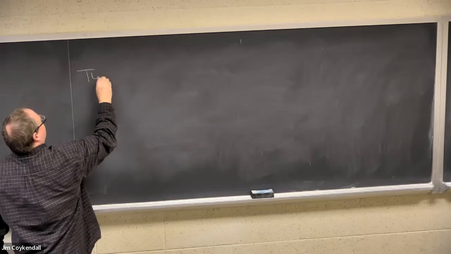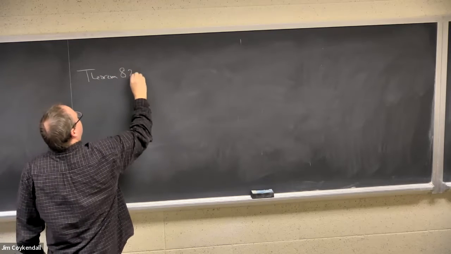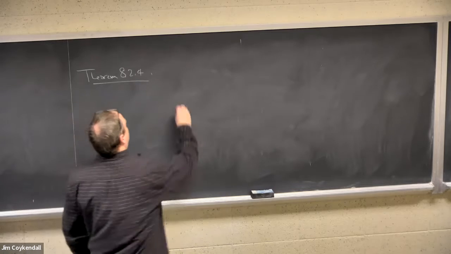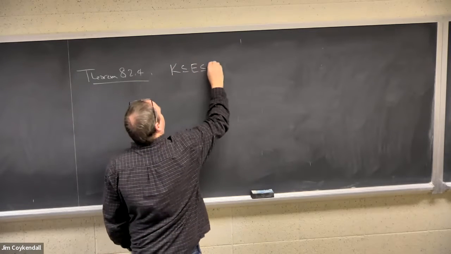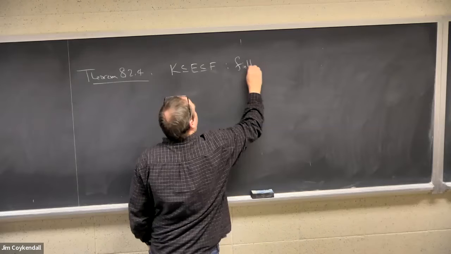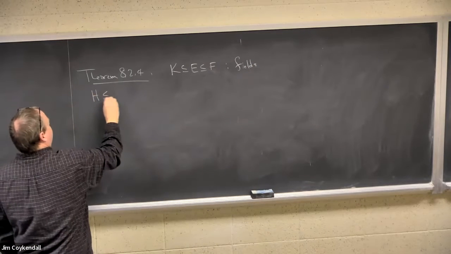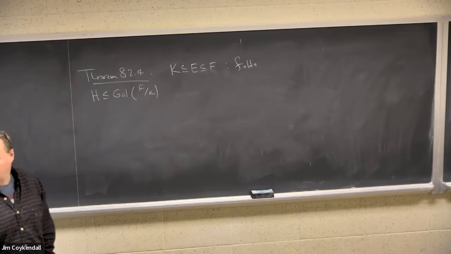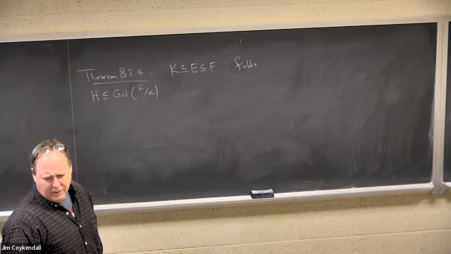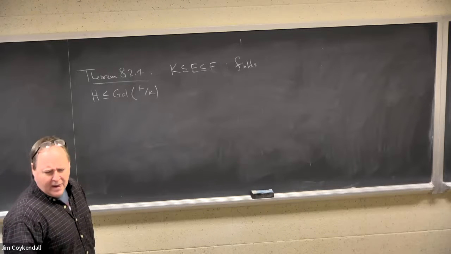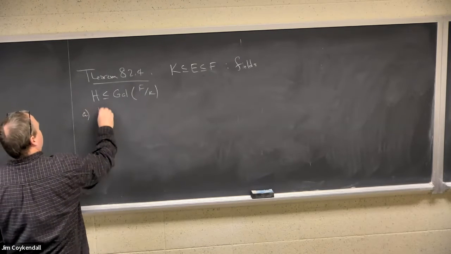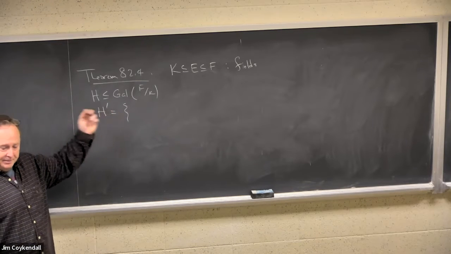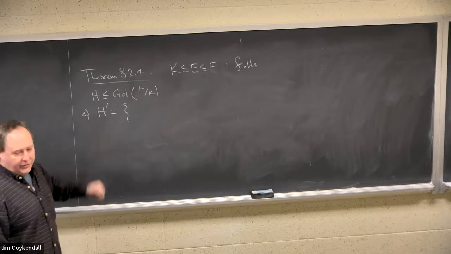Let me remind you of the last theorem we had. K inside E inside F fields, and H is a subgroup, the Galois group of F over K. Then A, remember what this prime is. It's sort of like operating on this group, and it turns this group into a field.